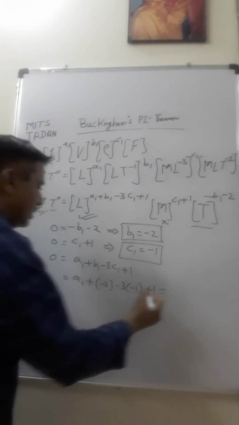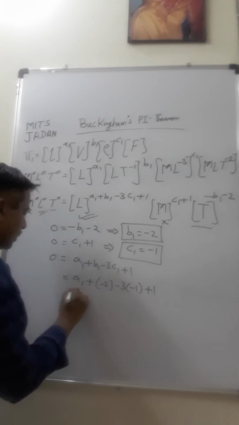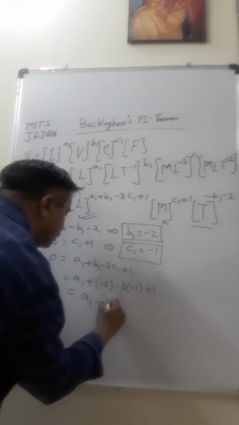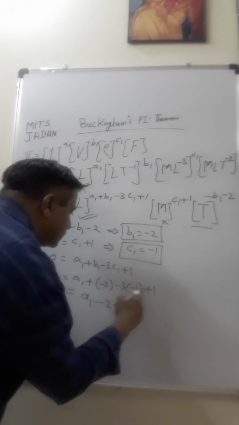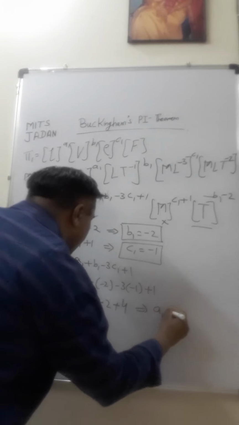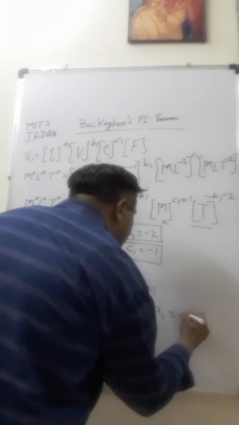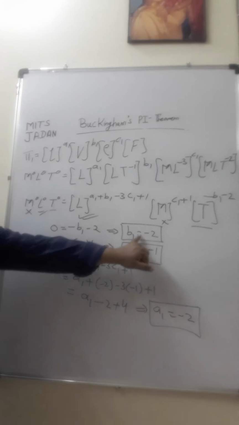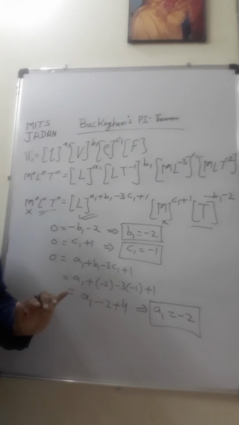So it is A1, you can say, minus 2 plus 4. So it is therefore A1 is equal to minus 2. So you have found out now B1, C1 and A1.